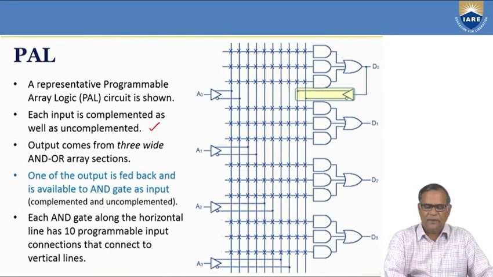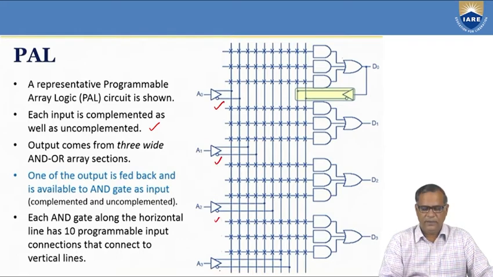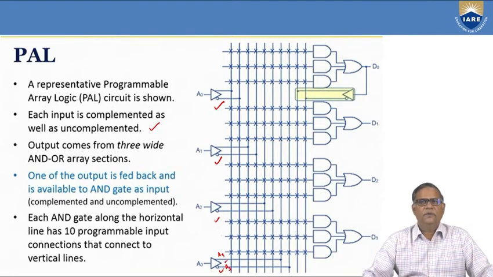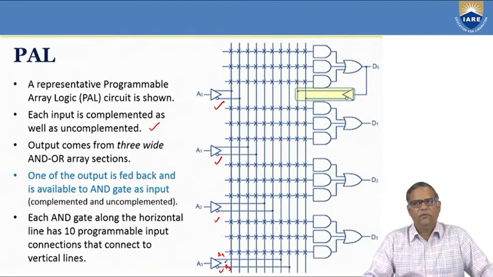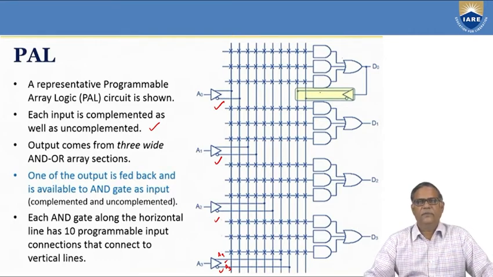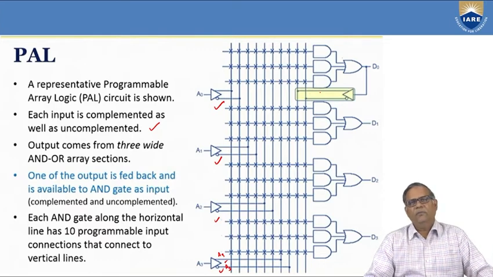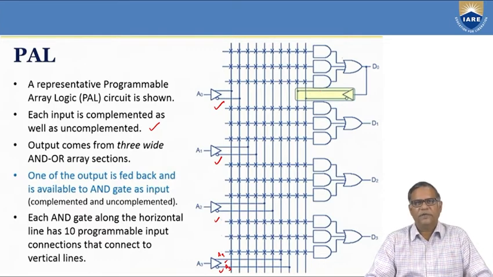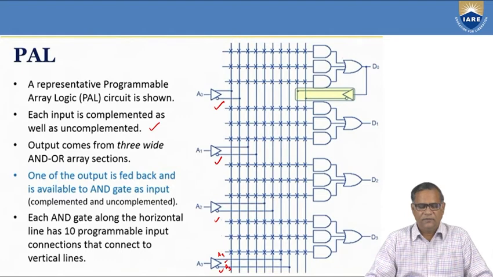The PAL shown here has 4 inputs: A0, A1, A2, and A3, and this is A3 bar. That means the input is available in complemented form also. And these are the AND gates, and we can form a Boolean function in sum of products form.